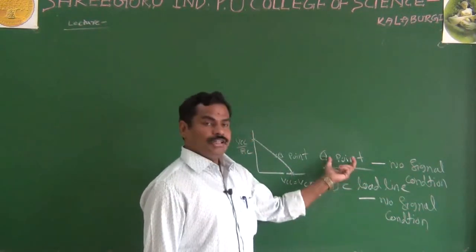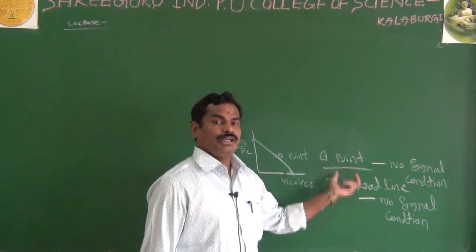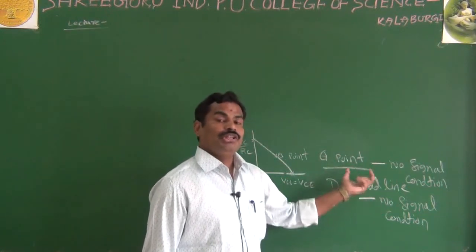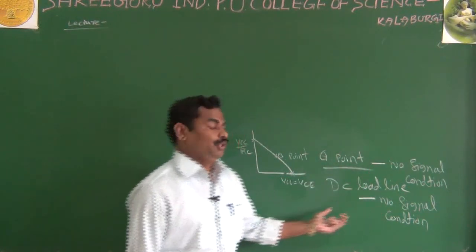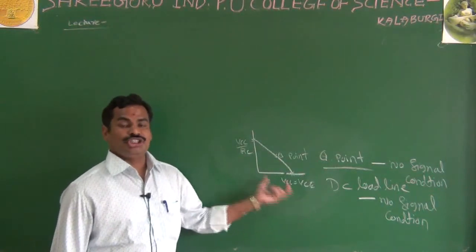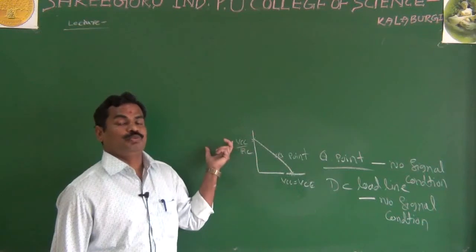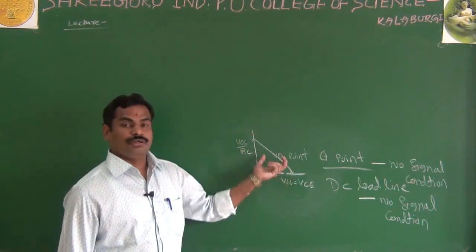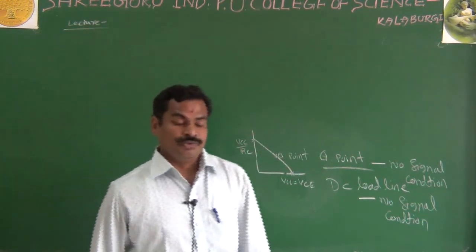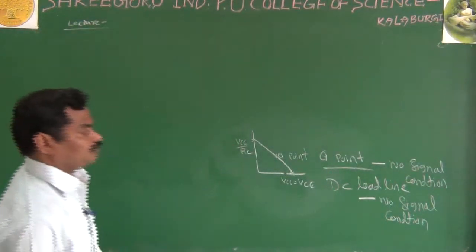In both cases we are not applying any input signal. Without applying any input signal, we know the output voltage and output current. It means we know the DC output voltage and DC output current. That is the difference between the Q point and the DC load line.